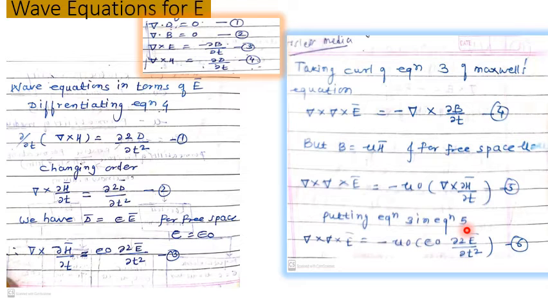So whatever the value of del cross of dH by dt from equation 3, fill it in here. What is the value? That is epsilon 0 d2E by dt square. We have filled that value here, with mu 0 as it was. Therefore del cross del cross E bar is equal to minus of mu 0 into bracket epsilon 0 d2E by dt square.